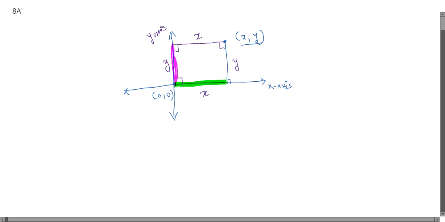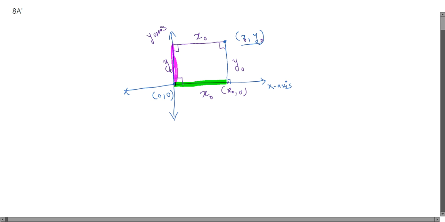So if I want to walk from 0, 0 to this point, all I have to do is walk x units in the x-axis direction. Better we write x0 and y0 so you will not get confused. To reach this point x0, y0, in the x-axis direction I will walk x0 units and reach the point x0, 0, and then walk y0 units in the y-axis direction and reach x0, y0.